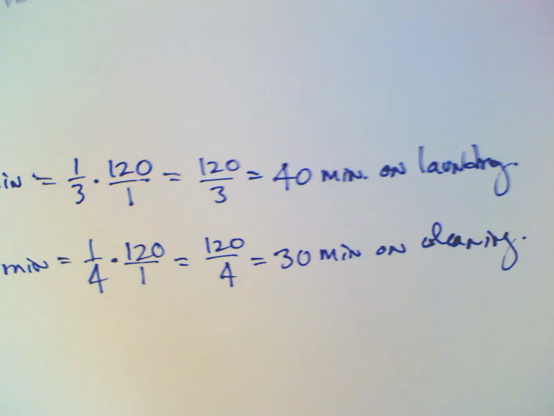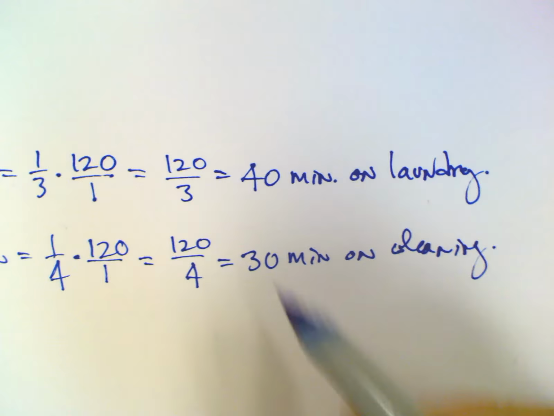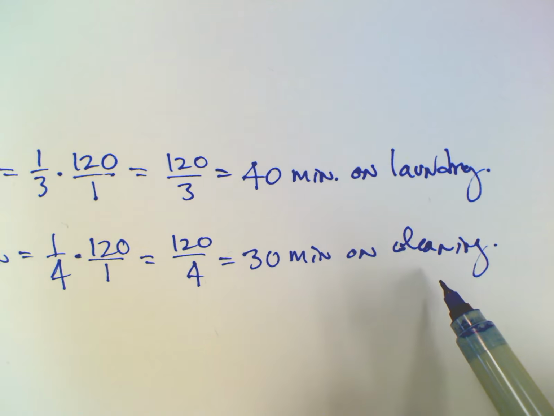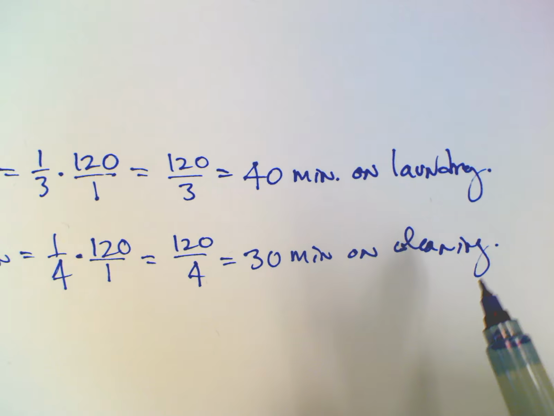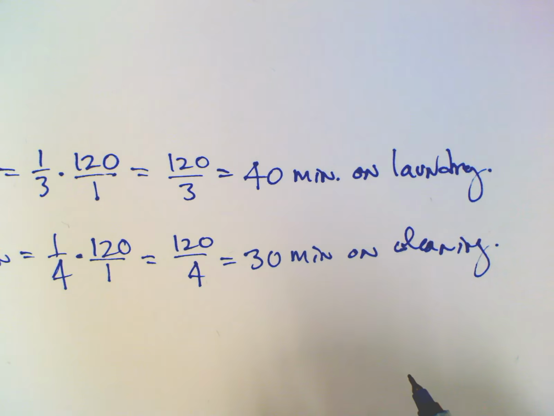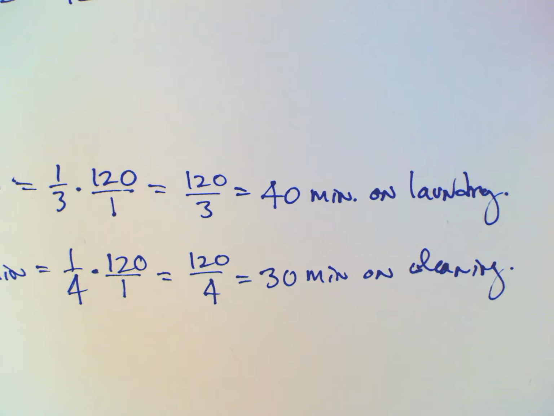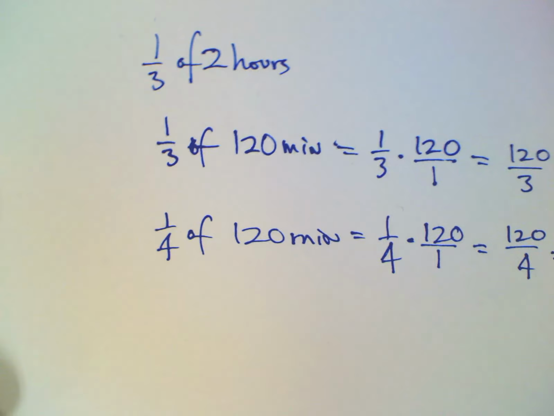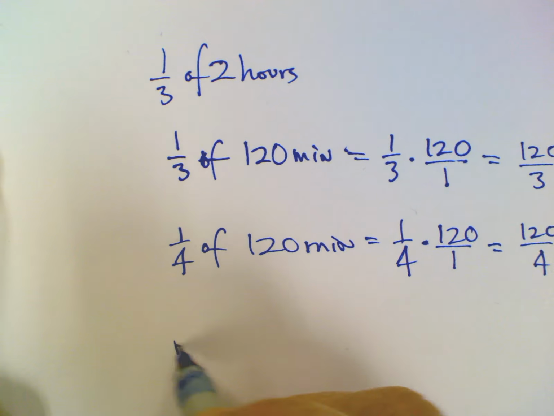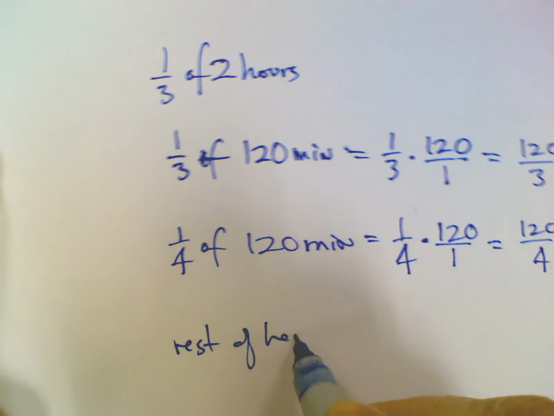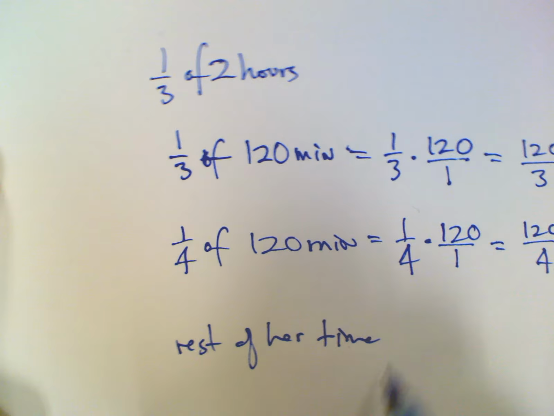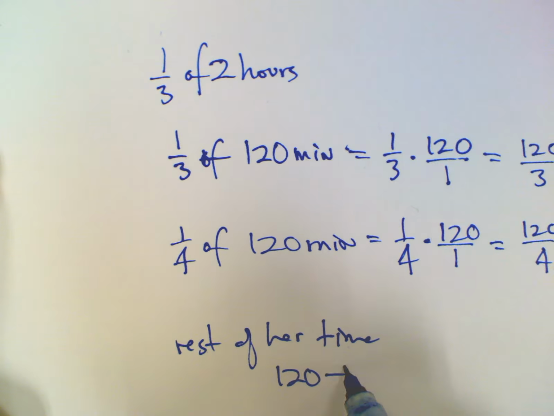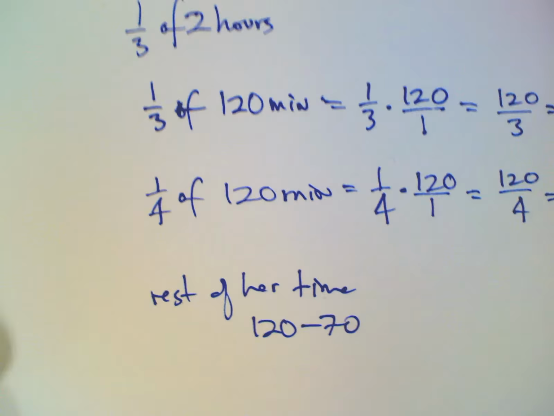So what do we see? We see that together, 70 minutes was spent on laundry and cleaning. And it said that the rest of her time was spent in the yard. So to figure out the rest of the time, if 120 is the total, the rest of her time would be 120 minus 70.